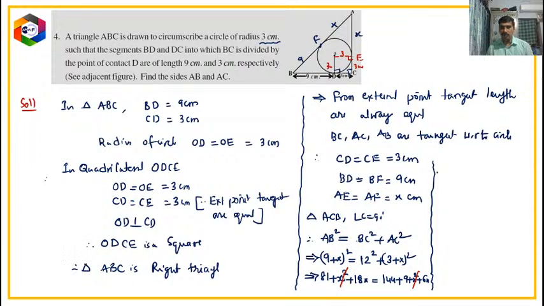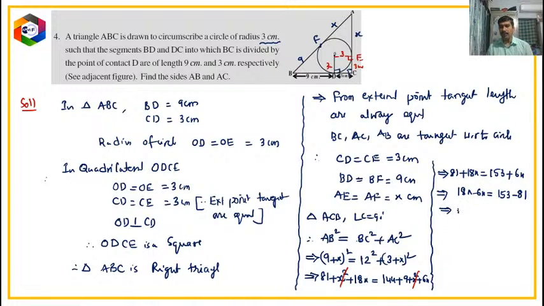Okay, here we have two terms, so let us simplify that. 81 plus 18X is equal to 144 plus 9, which is 153 plus 6X. Now bring X to the left hand side. 18X minus 6X is equal to 153 minus 81.